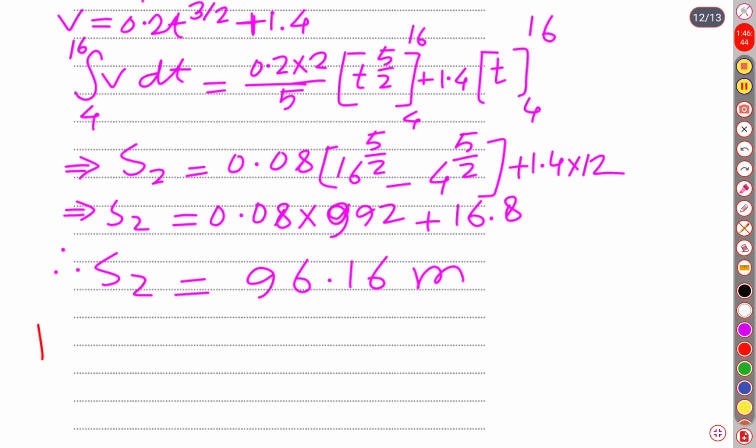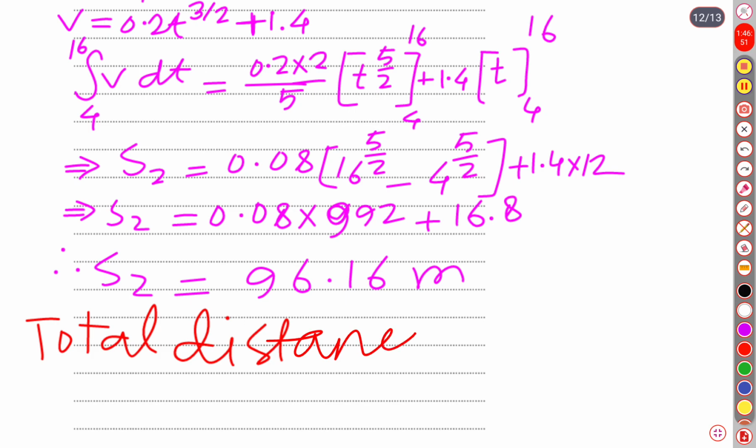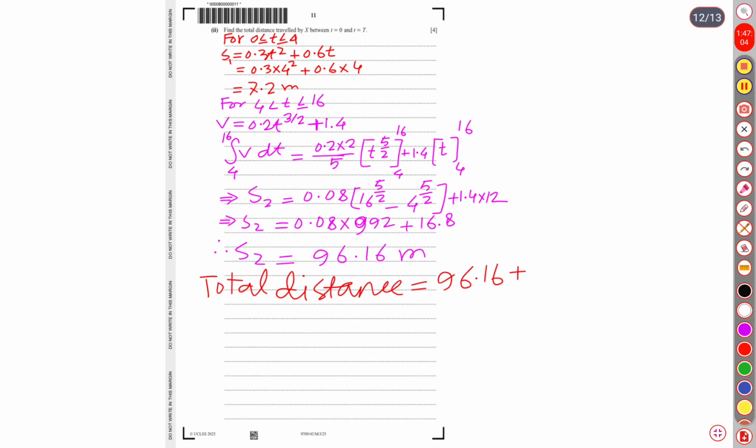Now the total distance we can write: 96.16 in the second phase from 4th to 16th second, and in the first 4 seconds it travels 7.2 meters.